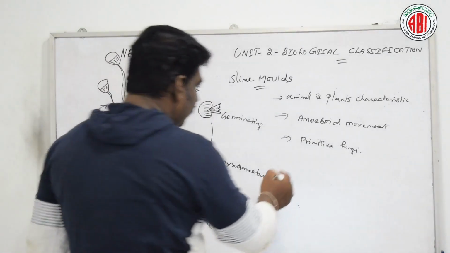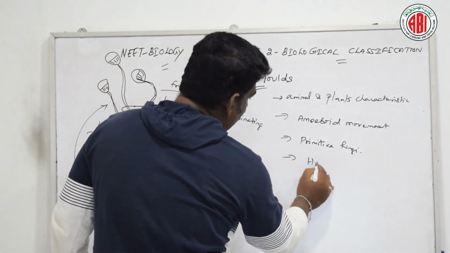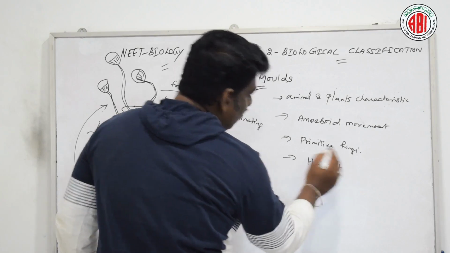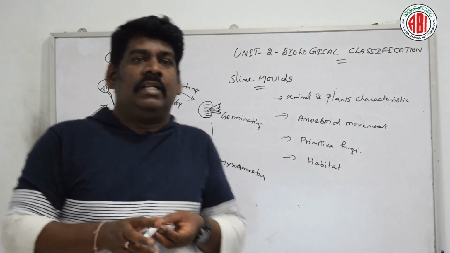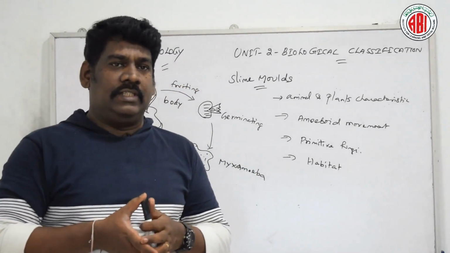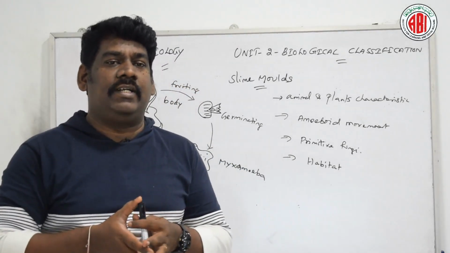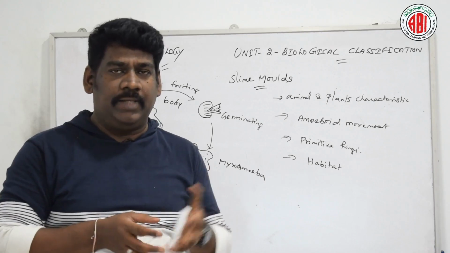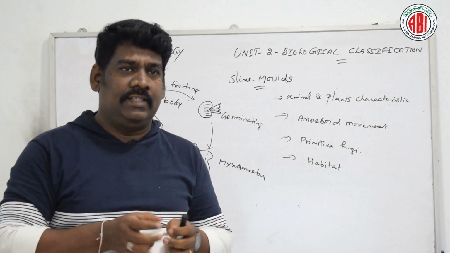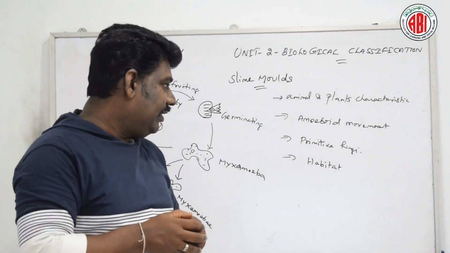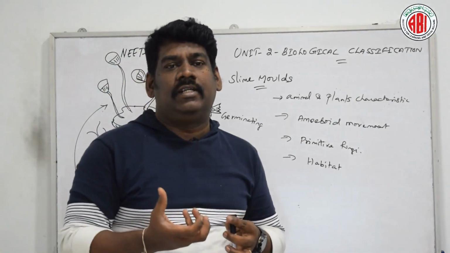Now talking about the habitat, where we are able to see this type of organism. Slime molds are widely distributed and able to grow in damp soil and also shady places where moisture is abundant.